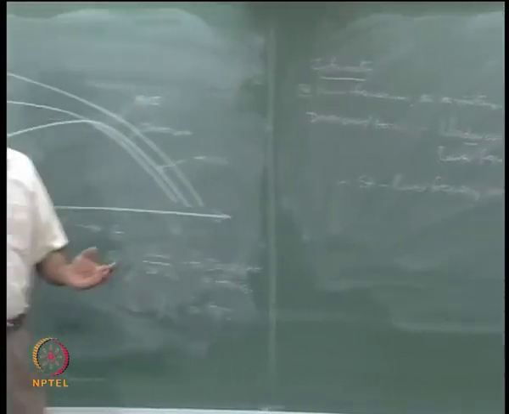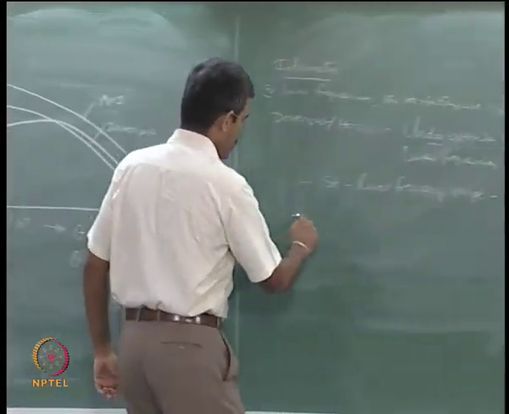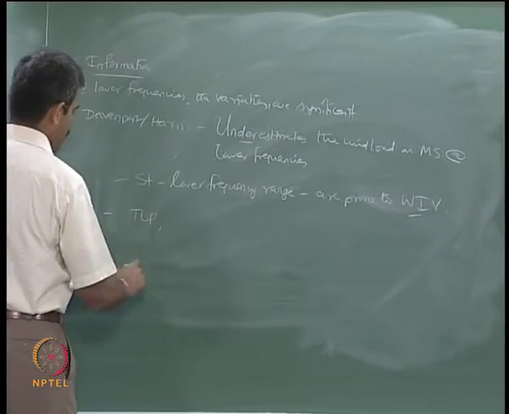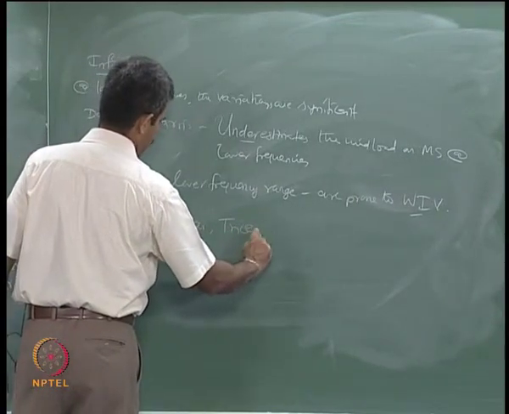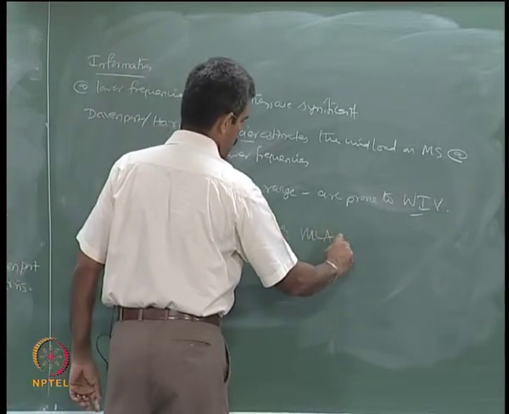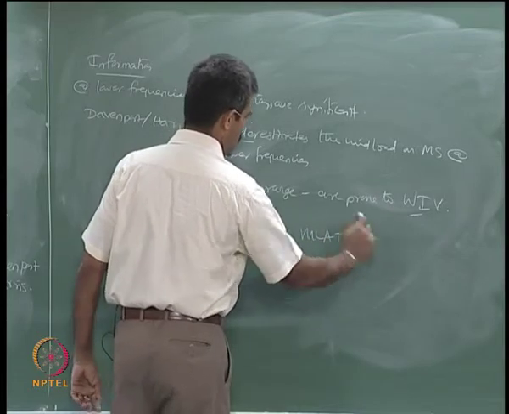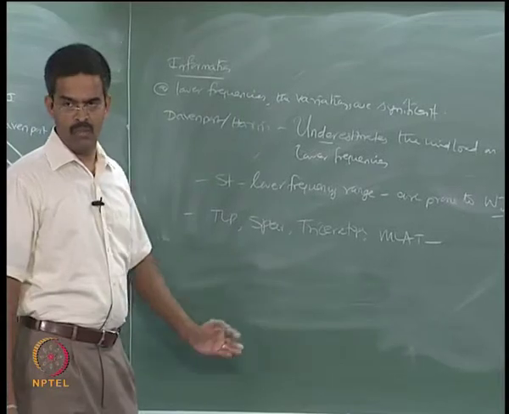So, we are very much focused on the lower frequency ranges. For example, in case of TLP, spar, triceratop, and MLATs, that is multi-leg articulated towers, the fundamental frequencies are of very low order.